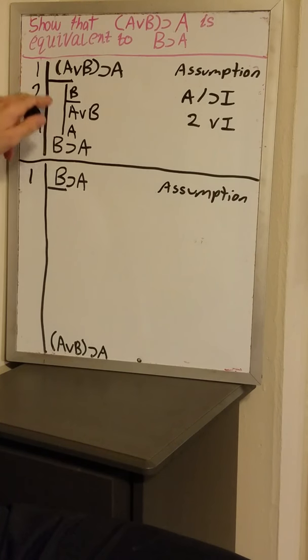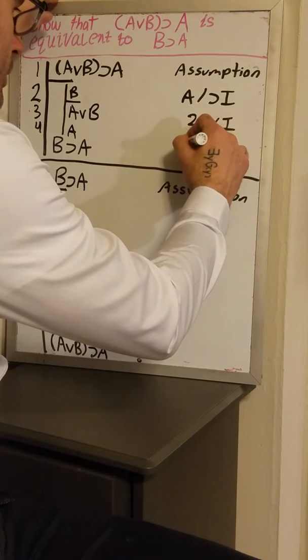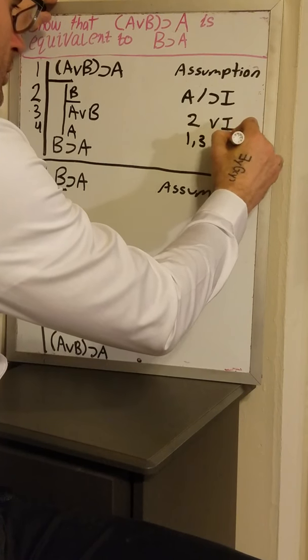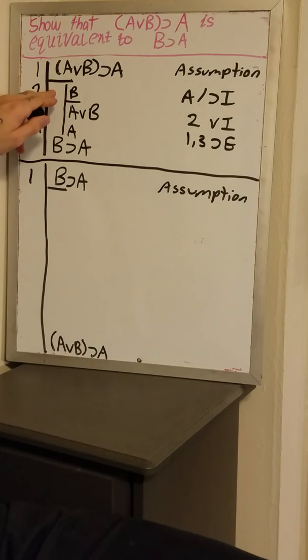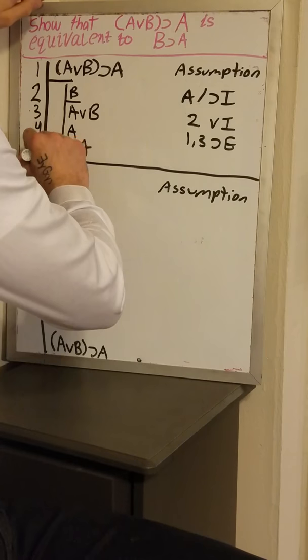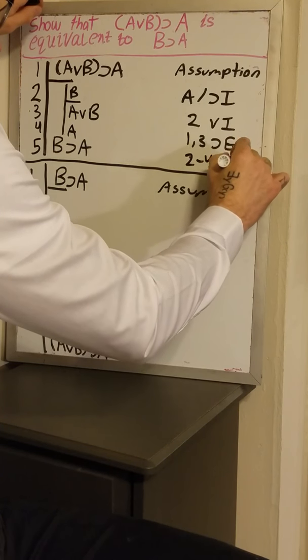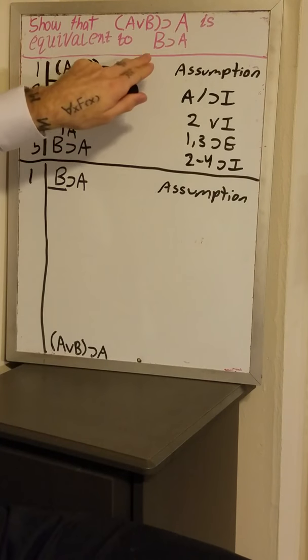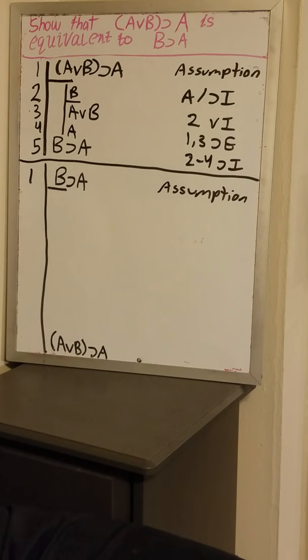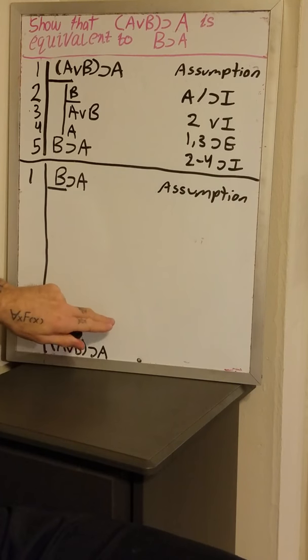Now we get line 4 by conditional elimination, lines 1 and 3. And now we can conclude that if B, then A by conditional introduction from lines 2 to 4. All right, so that completes this derivation. Let's move over to the other one we have to do.